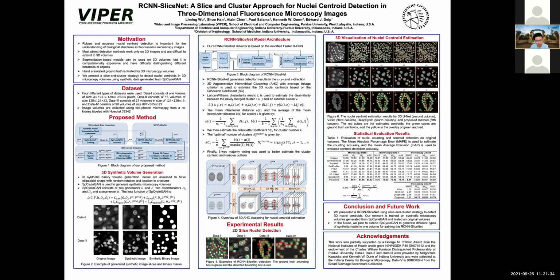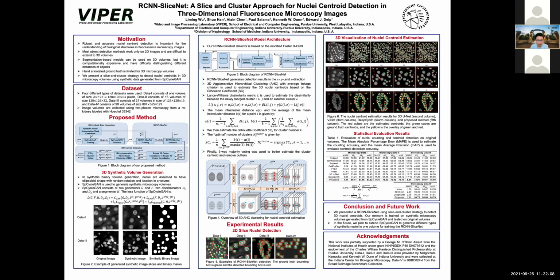It consists of 2 generators, 2 discriminators, and a segmenter. And this segmenter can preserve the spatial location of the nuclei, so this is very different from the cyclogram. There's also an extra loss function called spatially constrained loss in SP cyclogram. This is actually an L2 norm, used to preserve the spatial location of the nuclei.